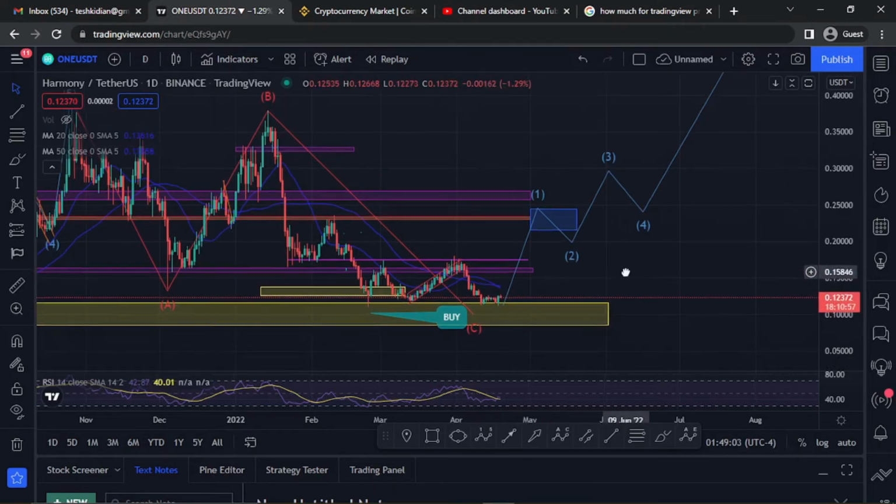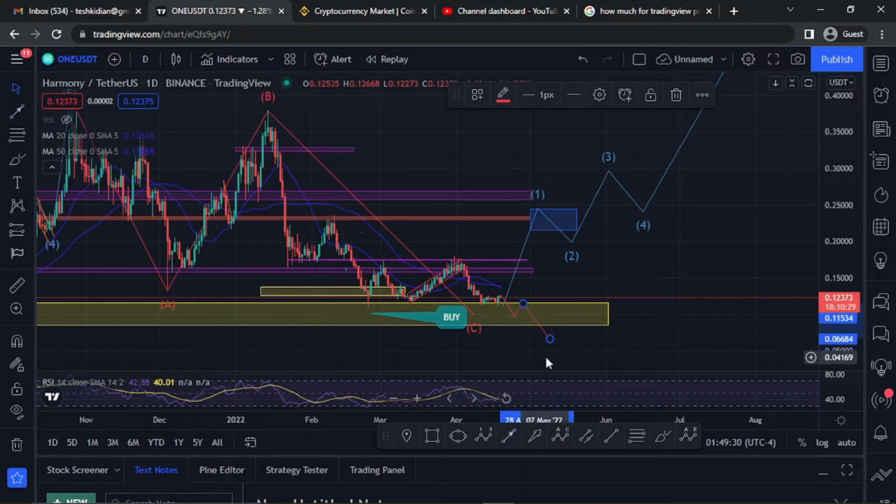My first key scenario that can play out over here is that in case we break below the support that we have at around the $0.11 mark, and maybe even have a retest of that zone, that would mean we are unlocking even lower prices for Harmony One, and that could take us below the $0.08 mark, and that won't be good for Harmony One.